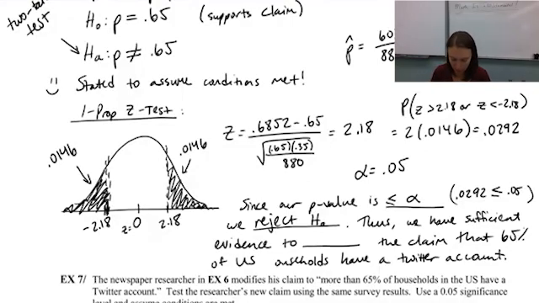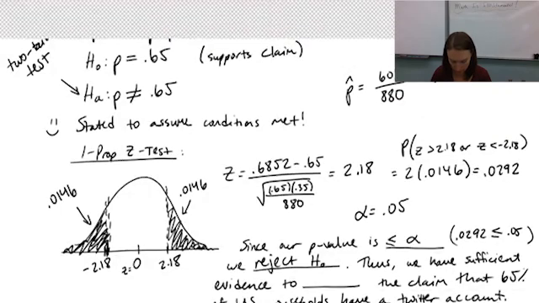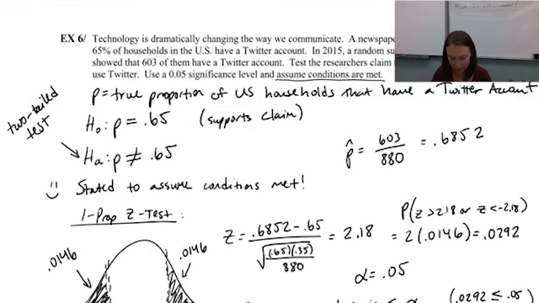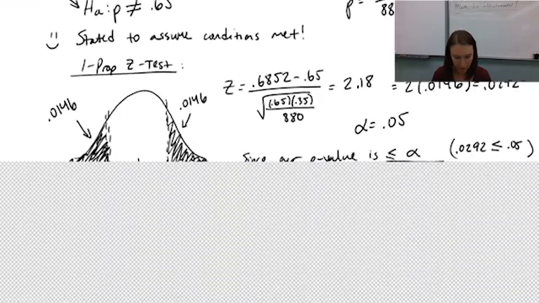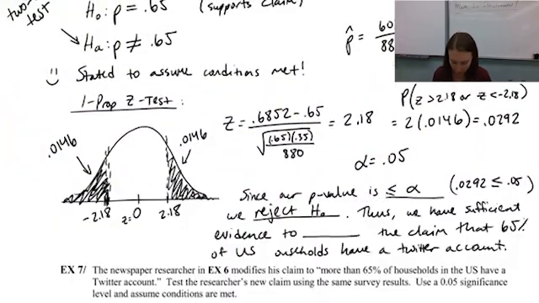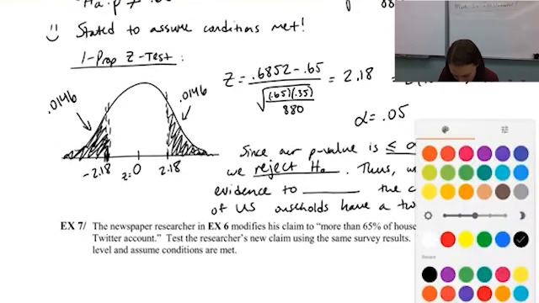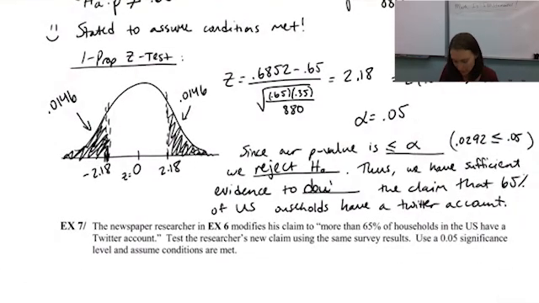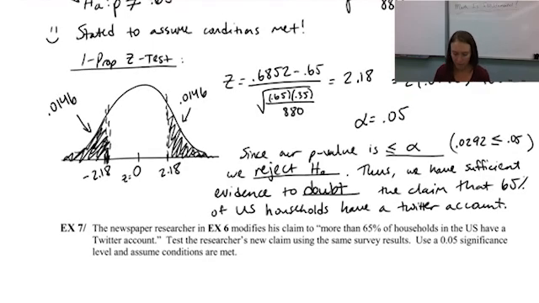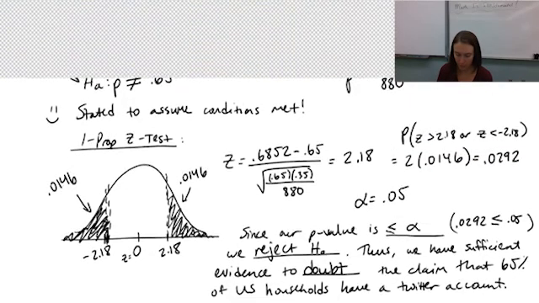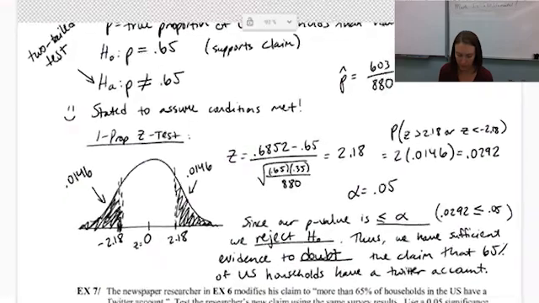Thus, do we have enough evidence to support the claim? Well, if I'm rejecting H naught, that's what his claim was. I'm rejecting it, so I don't have enough evidence. So I would say, thus we have sufficient evidence to doubt his claim. Or you can say, thus we do not have sufficient evidence to support his claim that 65% of US households have a Twitter account.